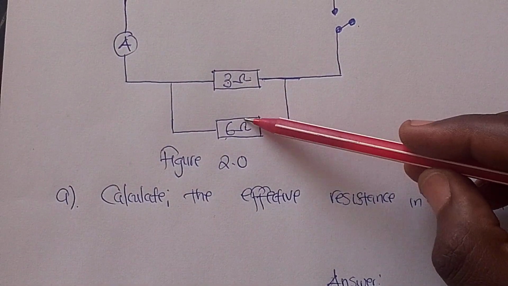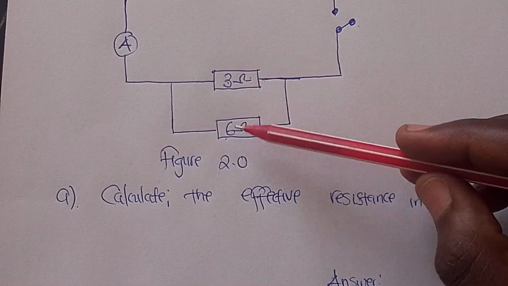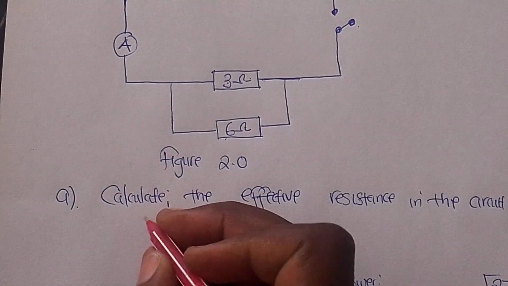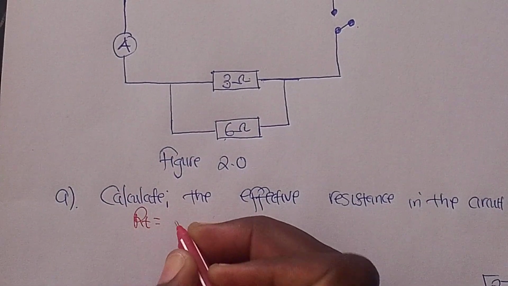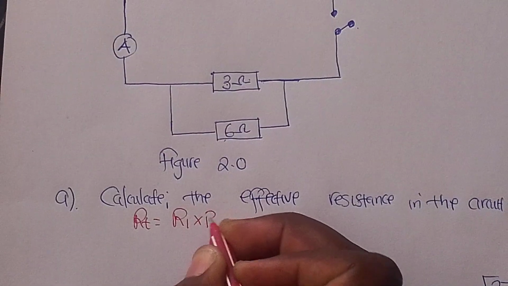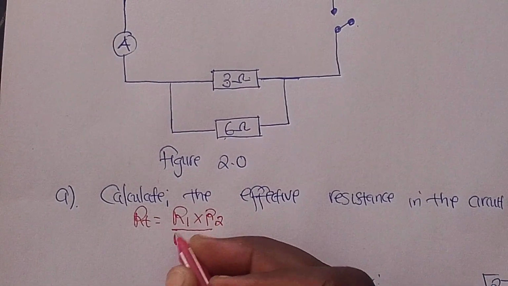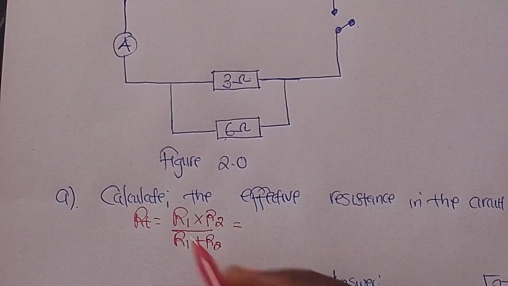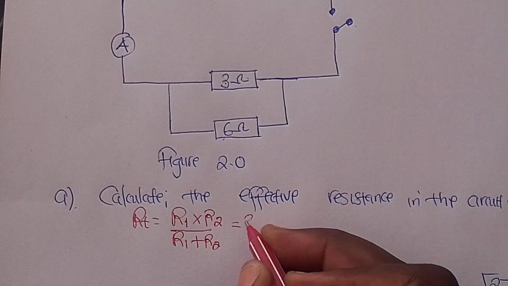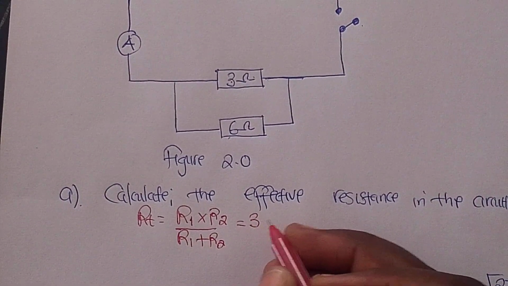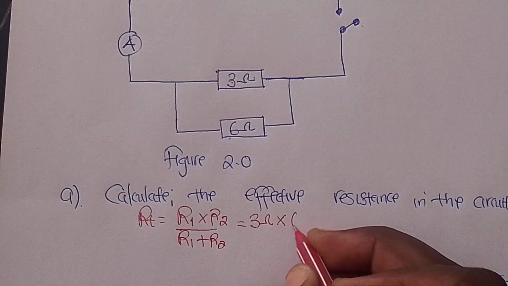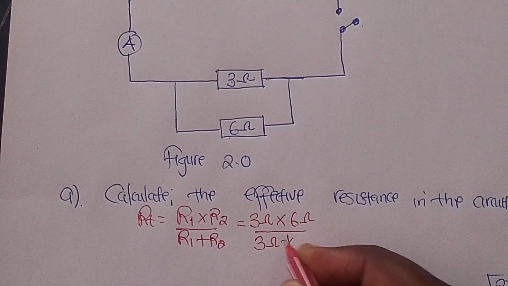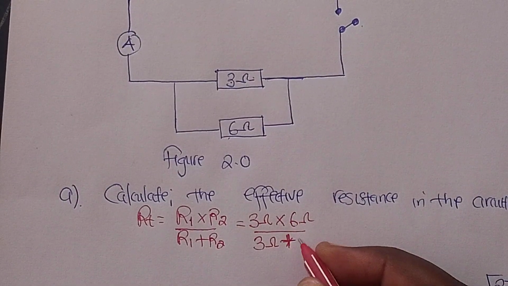We can see the arrangement here is parallel because these are just opposite to each other. So the effective resistance is R1 times R2, everything over R1 plus R2. For R1 we have 3 ohm multiplied by 6 ohm, over 3 ohm plus 6 ohm.